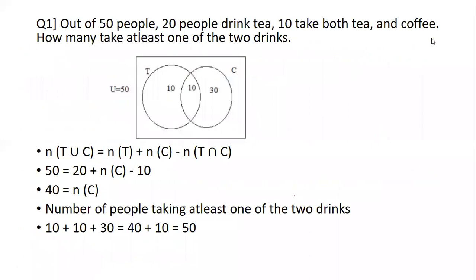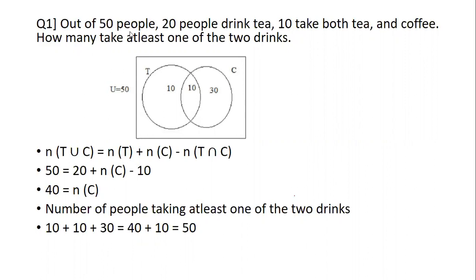Okay, so this is problem number 1. First thing that you are supposed to do is read the problem very thoroughly. You're supposed to analyze the problem in set theory, so please read it thoroughly. Now let's read it together. Out of 50 people, okay, out of 50 people.